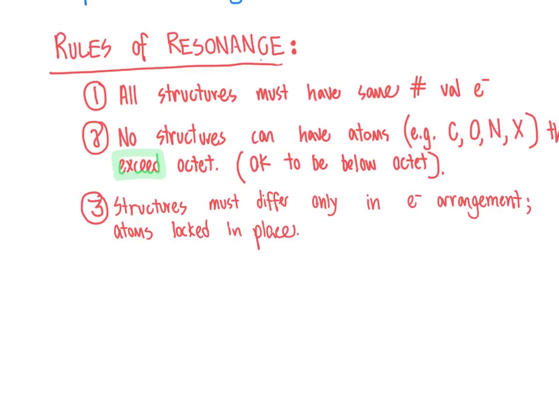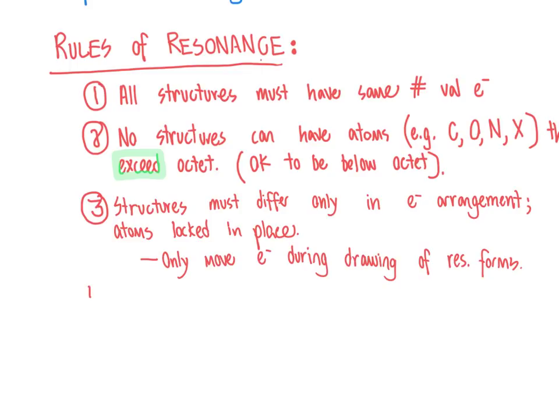Another way to put it is that when we're going from one resonance structure to another, you will only move the electrons in going from one resonance form to another. So only move electrons during the drawing of resonance forms. You're never going to be moving atoms during that process of drawing different resonance forms.